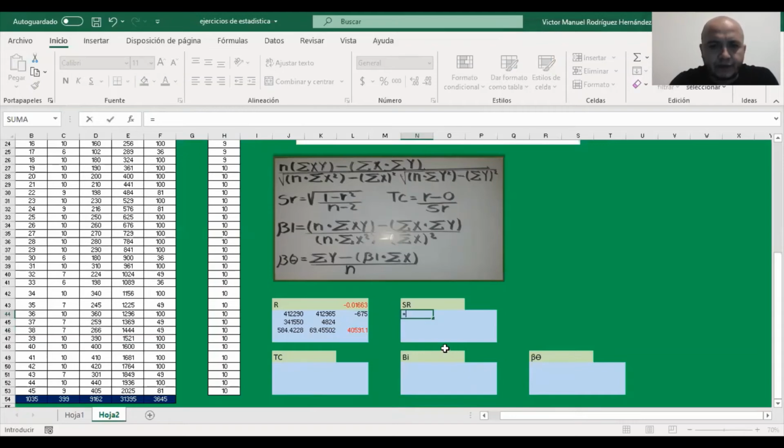So to get SR, we have to first do this operation, 1 minus R squared. That means R by R. Then down below it's N, which is 45, minus 2. We have 43. And we have to get the formula, which is raíz, to get the square root.